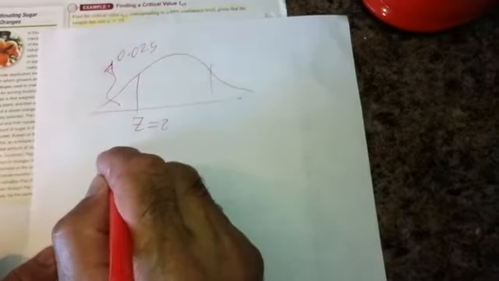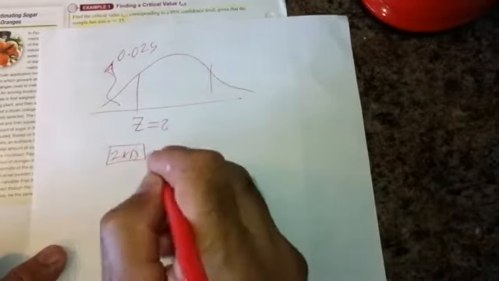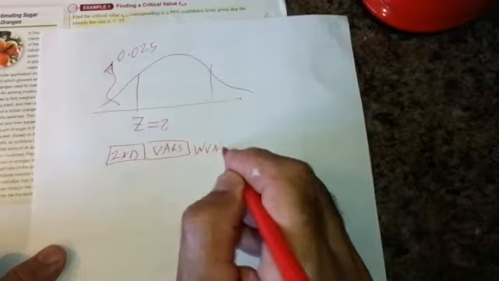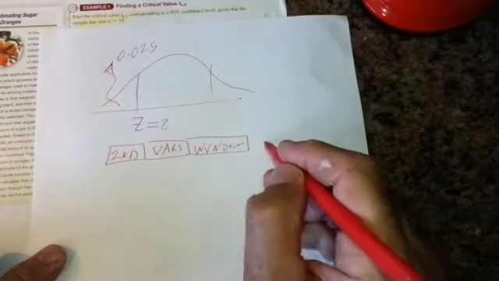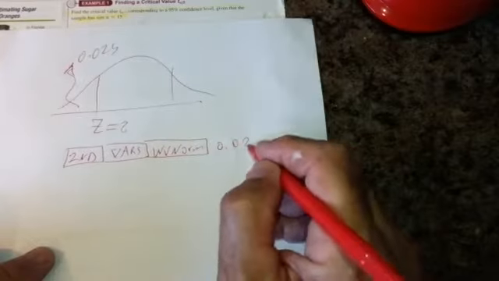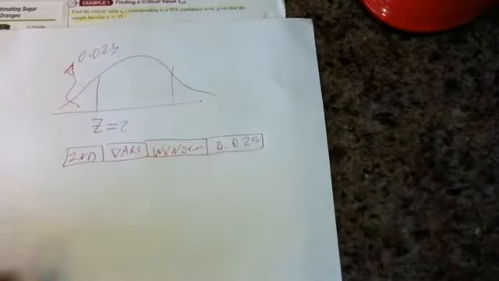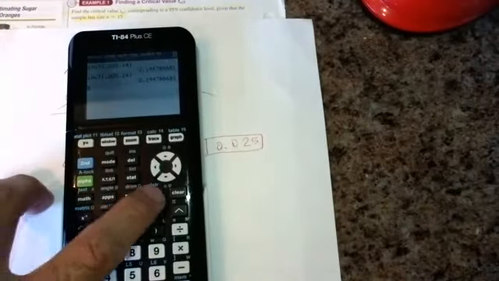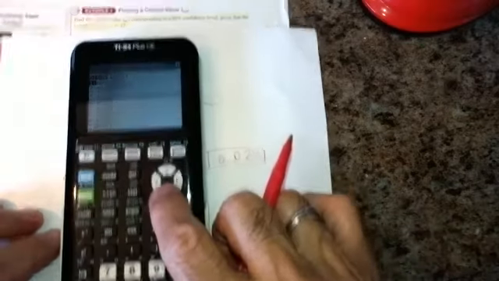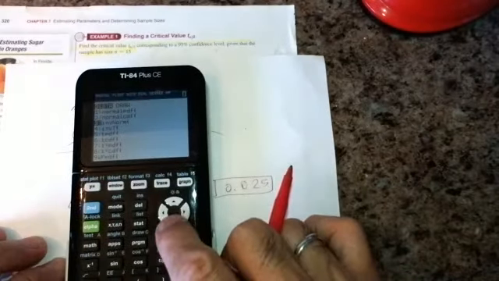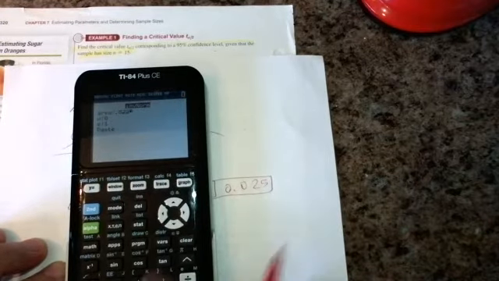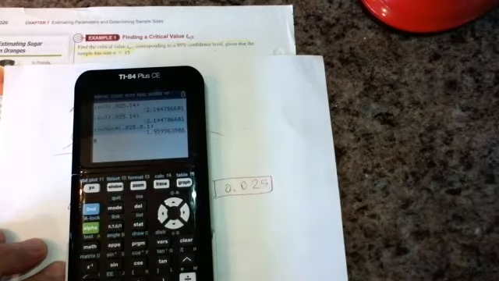It would be second vars, inverse norm, and then you put that number, 0.025. You'd say second vars, inverse norm, area is 0.025. It was minus 1.96, right?